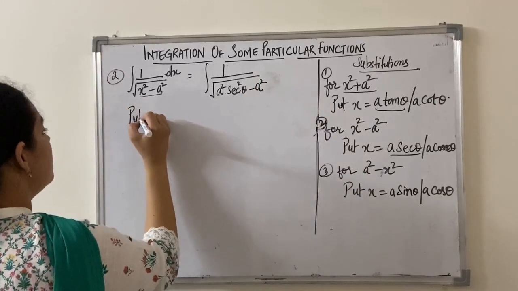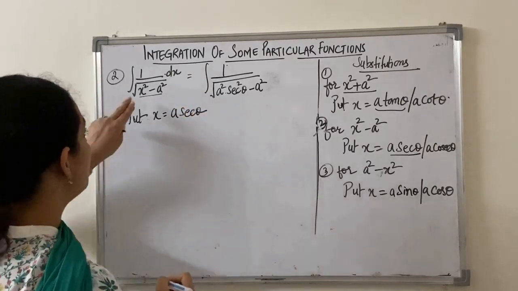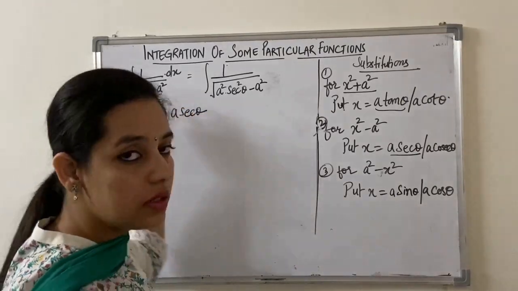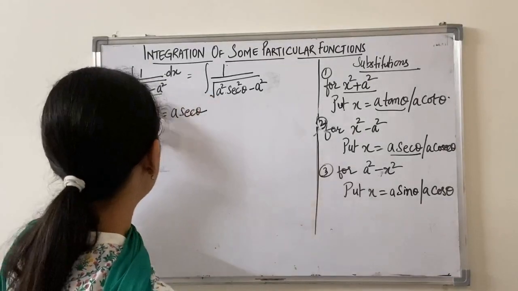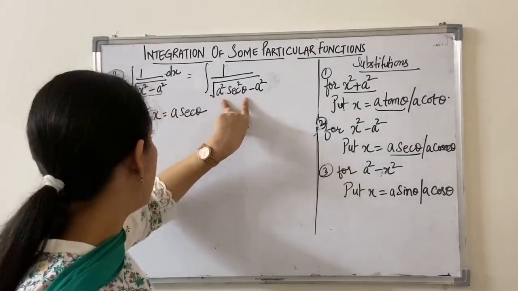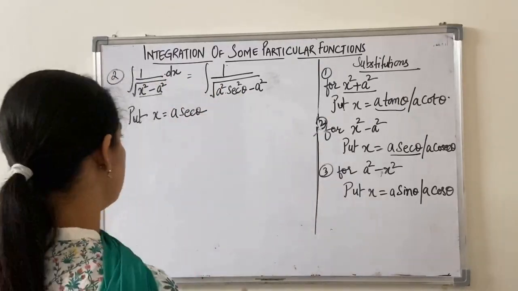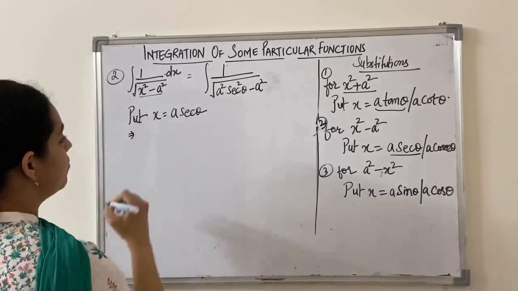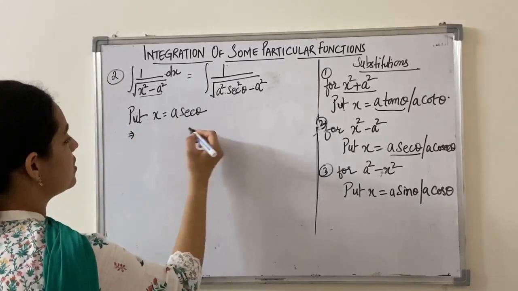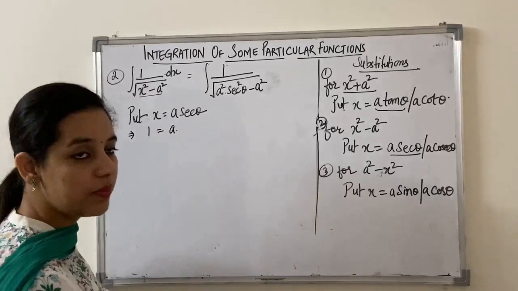So what I have done here, I put x as a secant theta. So my integrand now will be in terms of theta completely. In place of x I have put a secant theta, and in place of dx I am going to put in terms of d theta. So that can be calculated from here. I will differentiate both sides with respect to x to get 1 is equal to a, being a constant, will remain as such.